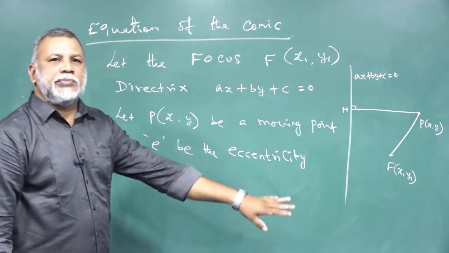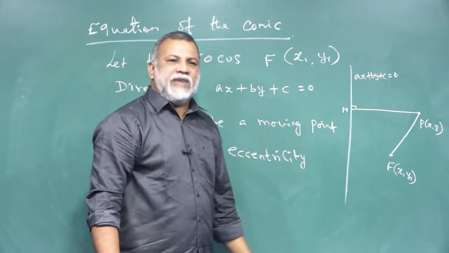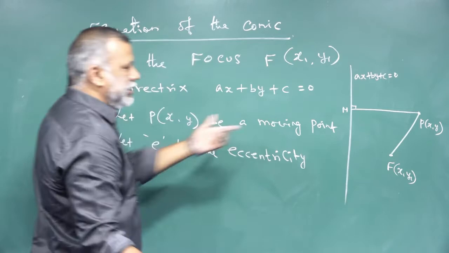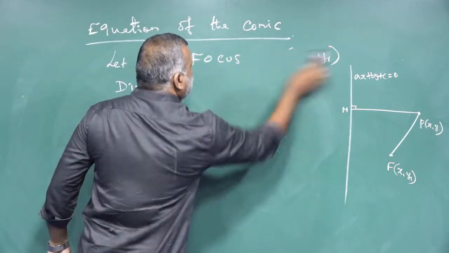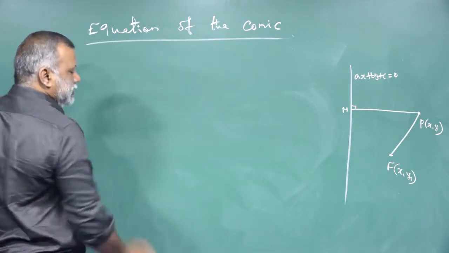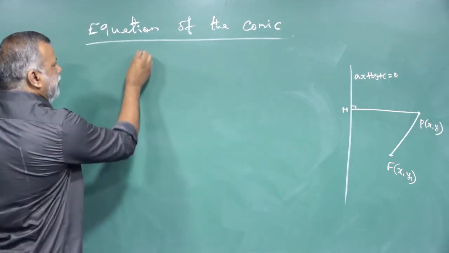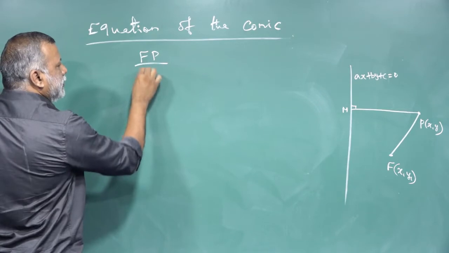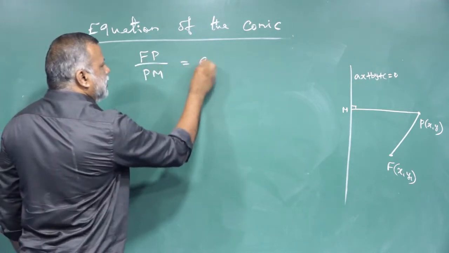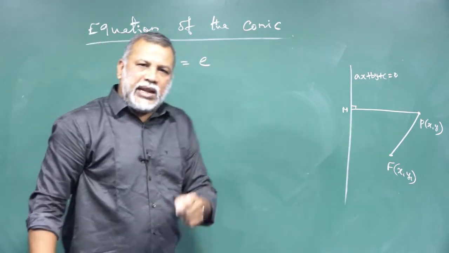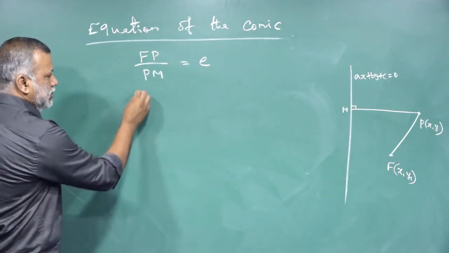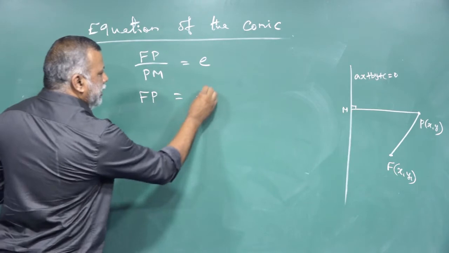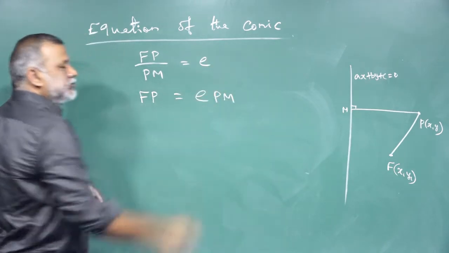Now, as per the definition of this conic, listen to this one. As just explained, FP by PM equal to E, a constant denoted by E, the name is eccentricity. Now FP by PM equal to E; I can cross multiply like this: FP equal to E into PM.